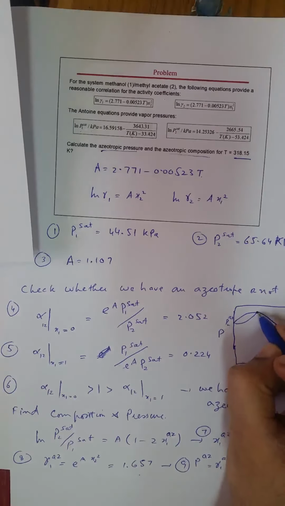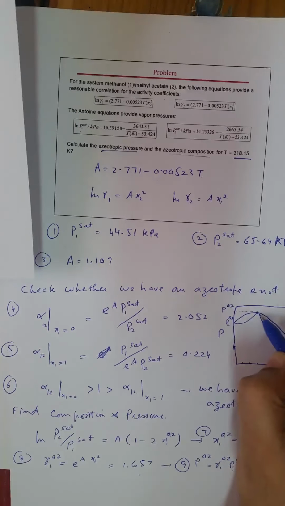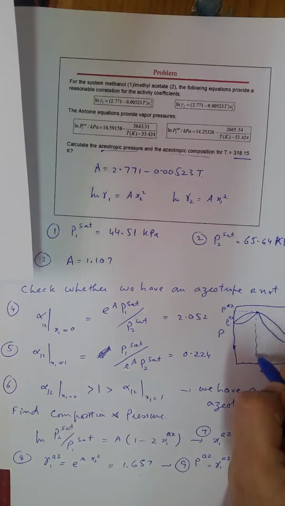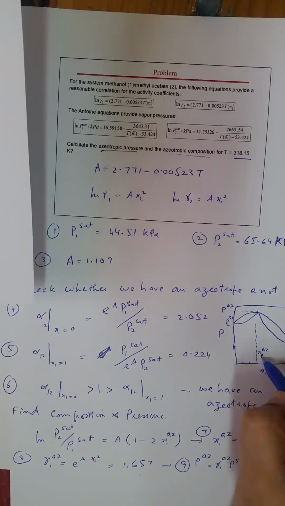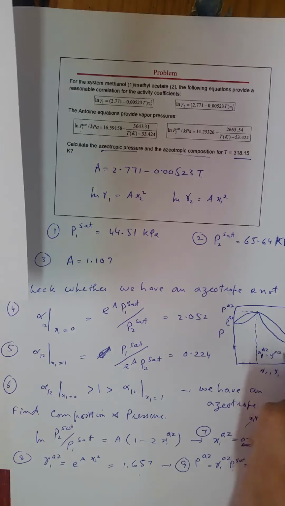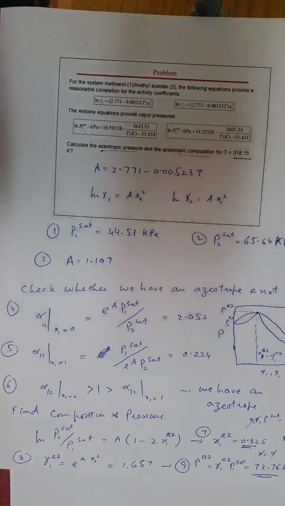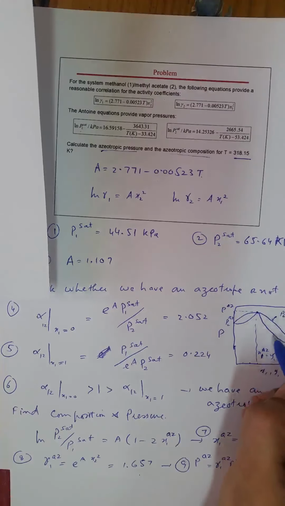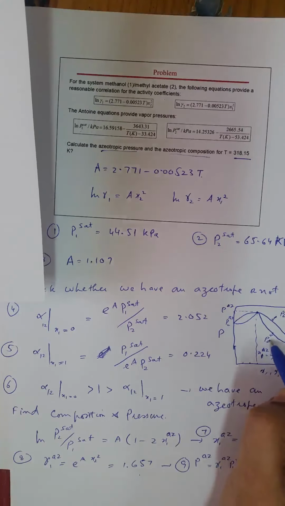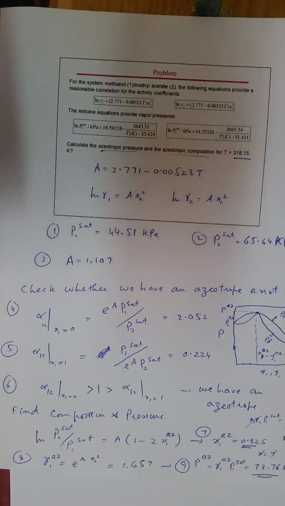This is your azeotrope pressure, this is your azeotrope composition, both are the same. And this is the bubble line, this is the dew line. Now this is how we can solve the problem.